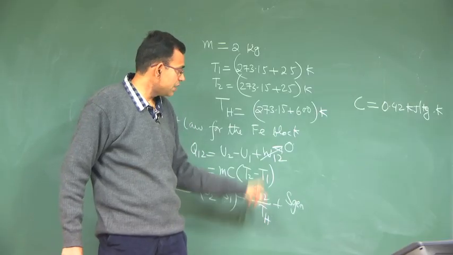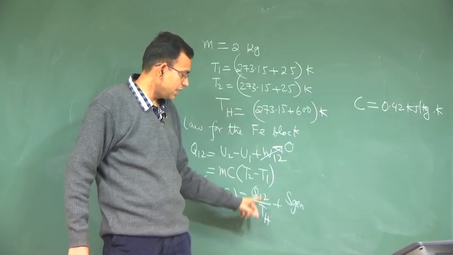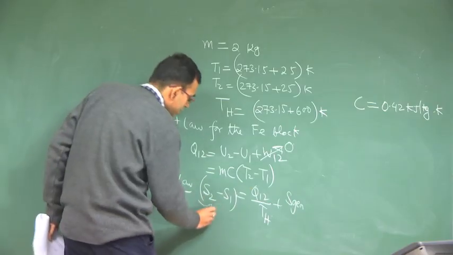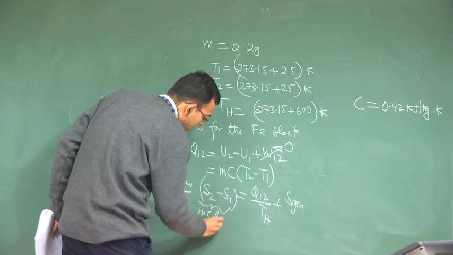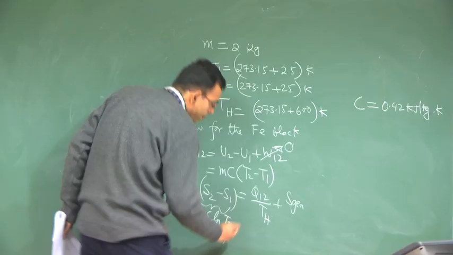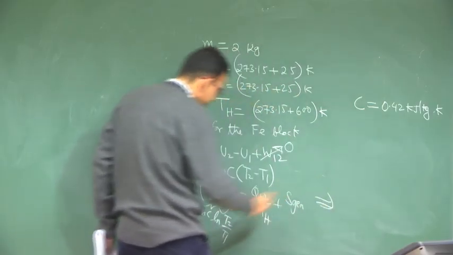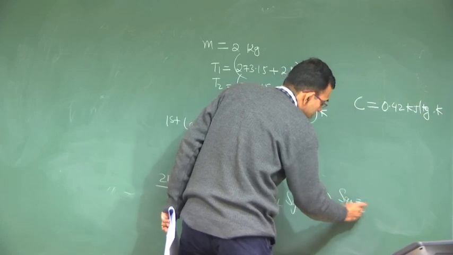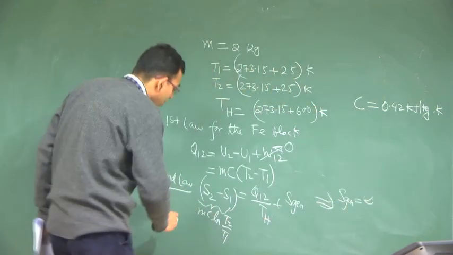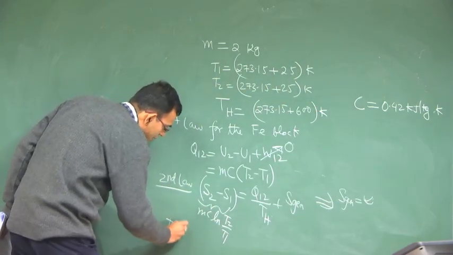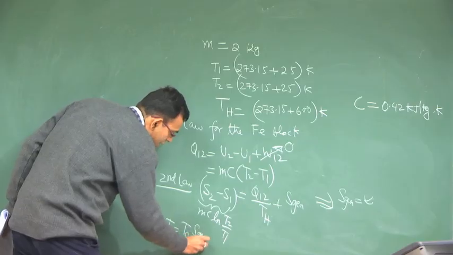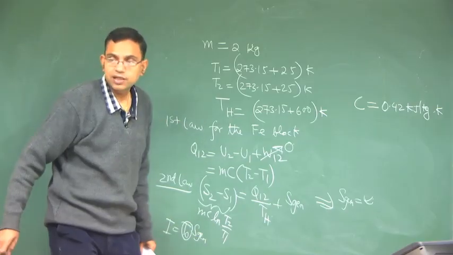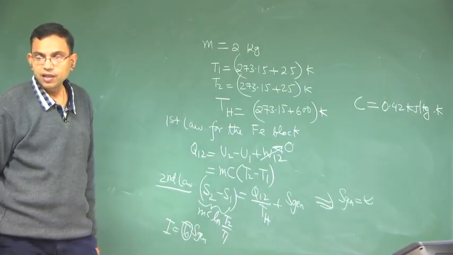So, the entropy generation will appear in the heat transfer term, and S2 minus S1 is mc ln T2 by T1. So, in this expression everything is known except entropy generation, which is found out. The irreversibility is simply T0 into entropy generation. Here you have to make a decision that what is this T0, right.